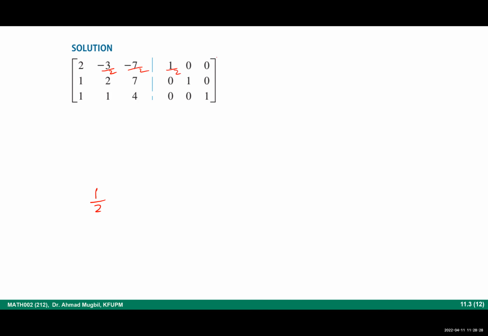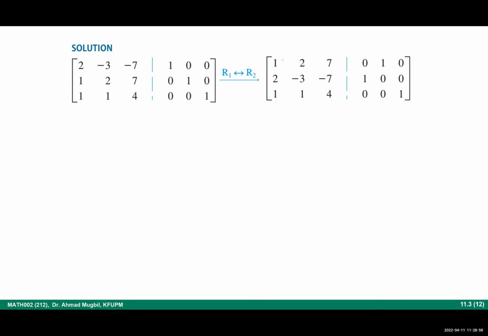And you need to use the first row to eliminate this 0 and 0, so you will deal with fractions, and this is not good. What you need to do here, instead of multiplying by half, is to interchange row number 1 with any row, 2 or 3. It is up to you. So let's interchange row number 1 and row number 2.